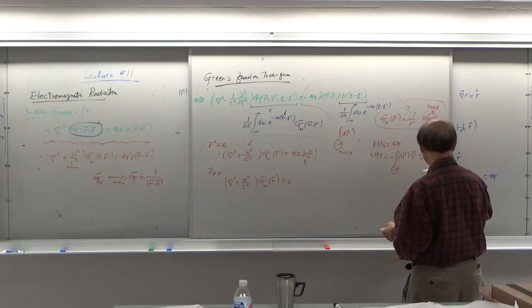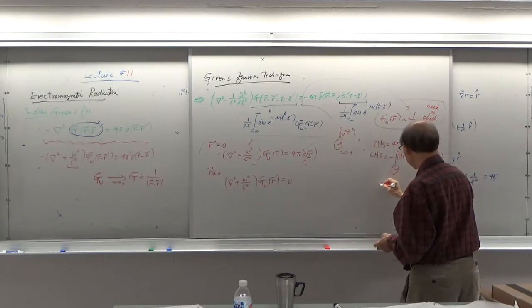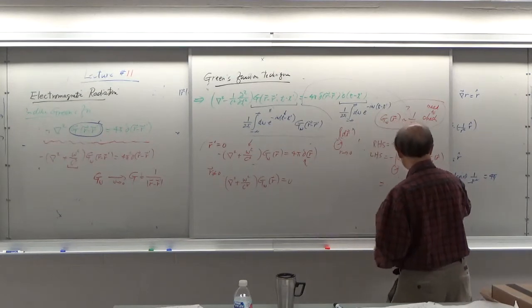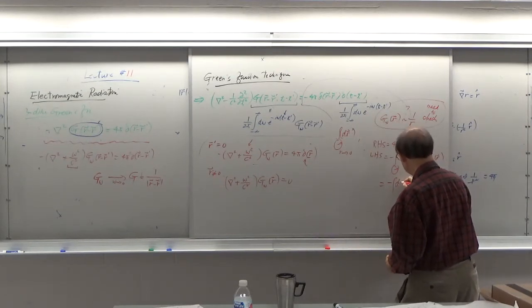Okay. Let's see. So this one again, I make use of Gauss theorem. So this is minus dA for the surface of this small sphere.